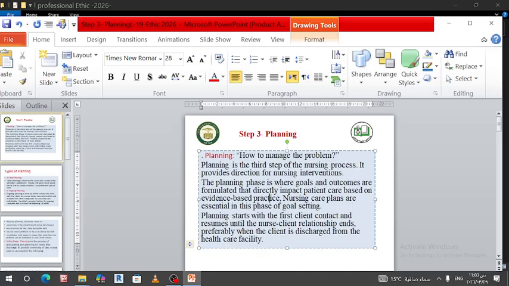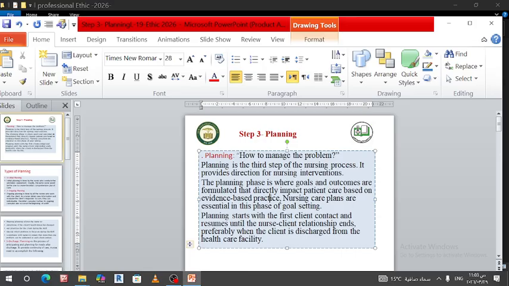The planning phase is where goals and outcomes are formulated that directly impact patient care. Evidence, practice, and the nursing care plan are essential in this phase of goal setting. It is very important.